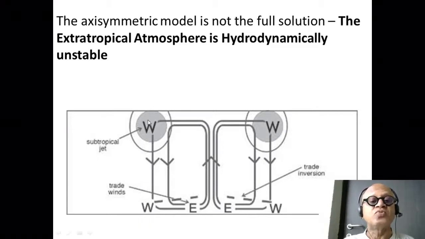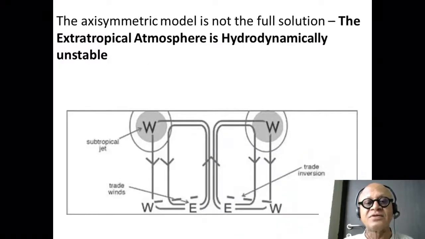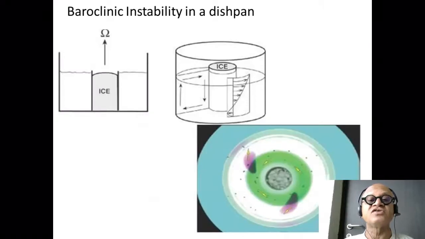So the main point we will add here is that the extratropical atmosphere is hydrodynamically unstable because of this angular momentum problem. Looking at our thermal winds again, what did we do next in this experiment? We simply started ramping up the rotation rate of the tank.